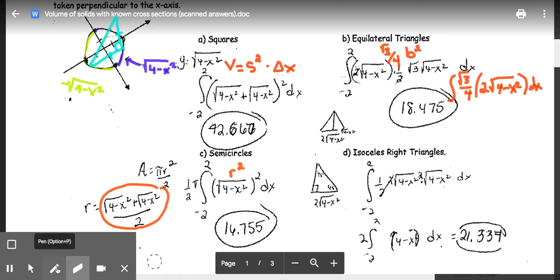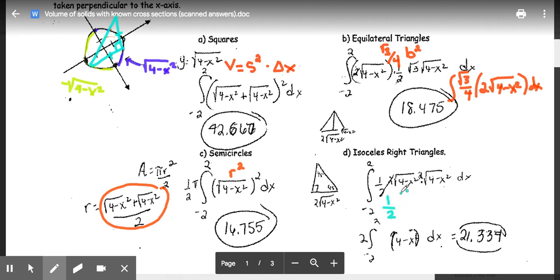Okay, do that again. So 1/2 times the base, which is 2 root 4 minus x squared. And do you agree that the height is the same thing because it's isosceles? Mm-hmm. So I'm going to take that and square it. So 1/2 times the base times the height. The base and the height are the same thing. That's why I'm squaring it.